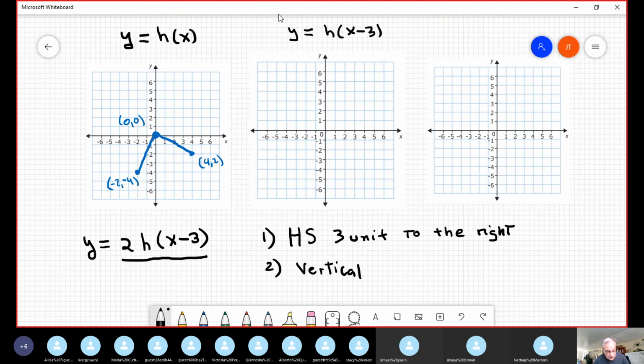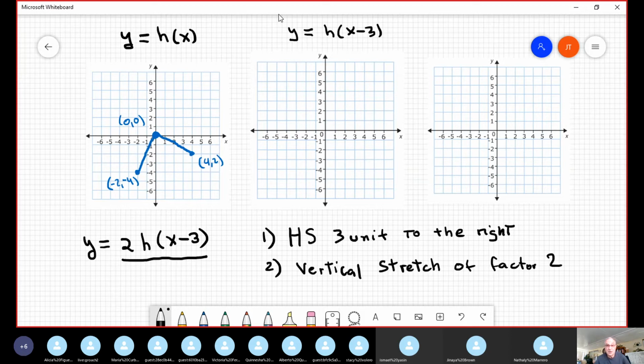And how do you know it's a stretch and not a compression? It's bigger than 1. Exactly, because the factor involved in the problem is 2, which is bigger than 1. And no reflection, of course, because this factor is positive. When the factor is negative, then you have a reflection.